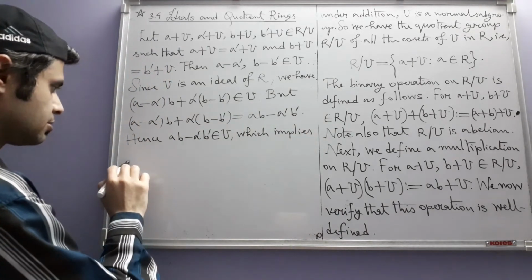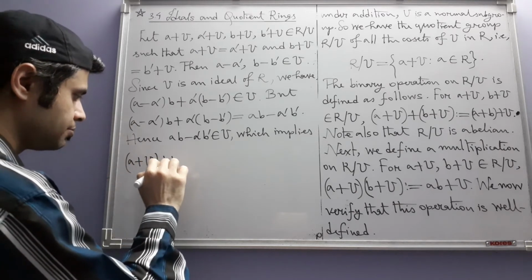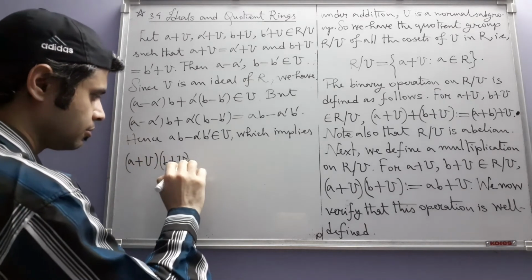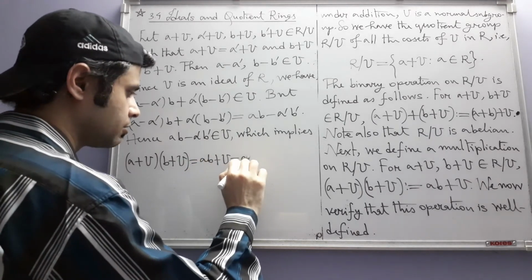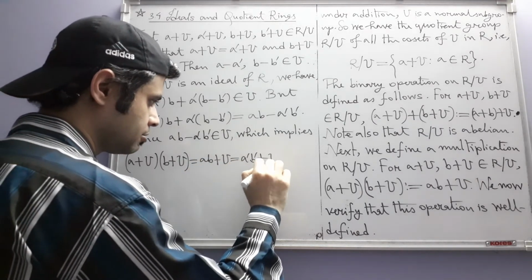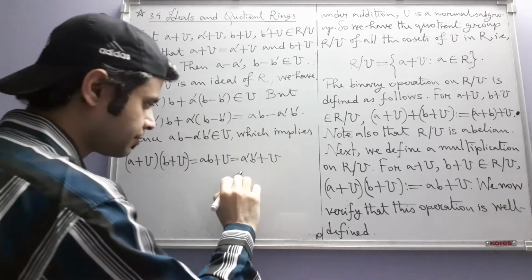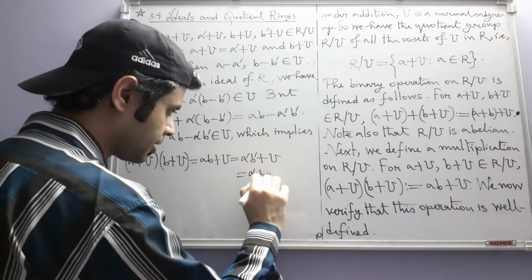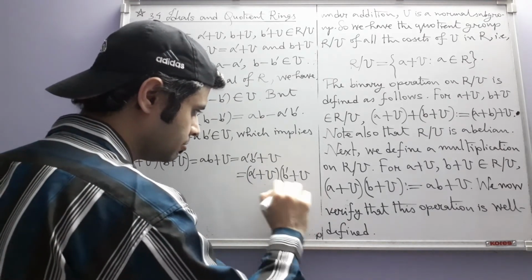Which implies (a plus u)(b plus u), which is nothing but ab plus u. This is equal to a'b' plus u. From this we have this equality, and this is equal to (a' plus u)(b' plus u).